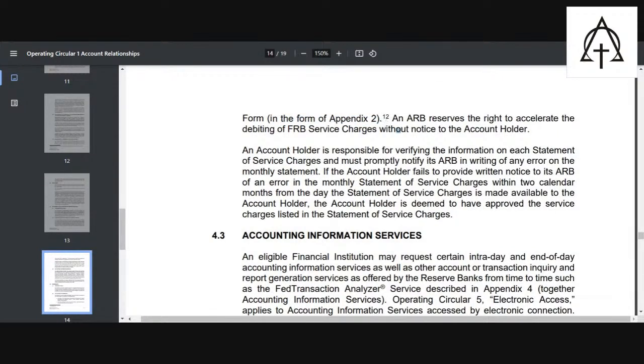And they've got that in the note down below. 12. Administrative Reserve Bank reserves the right to accelerate the debiting of Federal Reserve Bank service charges without notice to the account holder. That's one of the services, is a notice, and they're reserving the right not to give you notice. Okay?